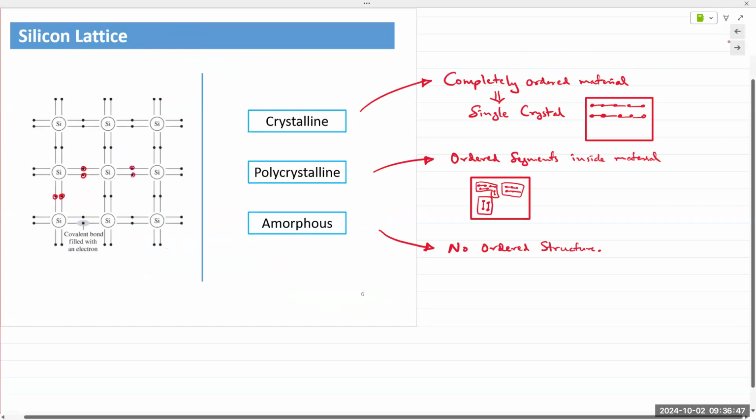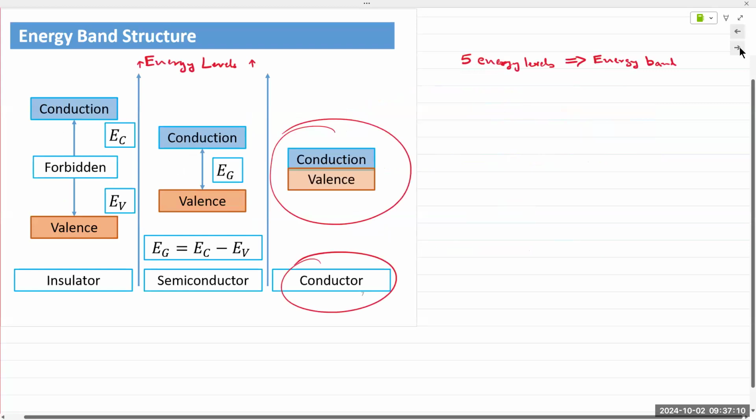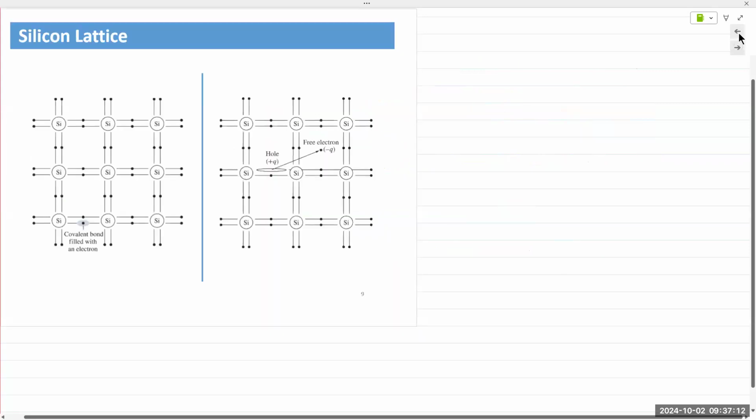These electrons are shared between the atoms. If they acquire enough energy, they break these bonds and move out of their position in the lattice, which is actually coming on in the next slide. So I'll fully answer your question in the next slide.